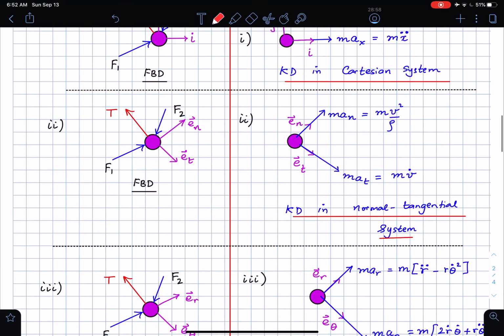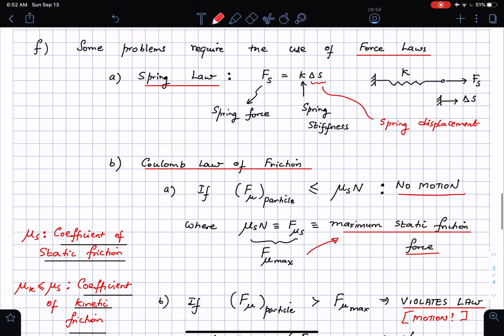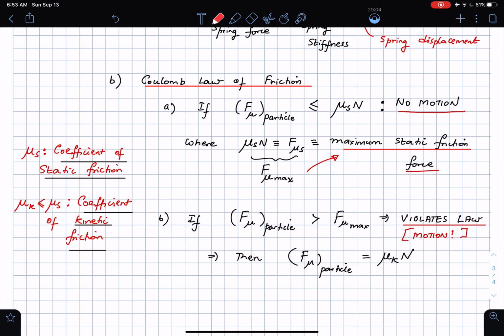All right, so this is the setup essentially, and all we have to do now is start solving some problems and get used to these ideas.